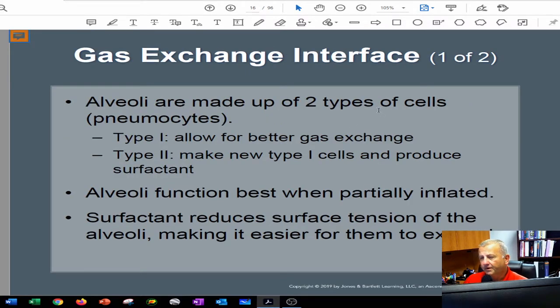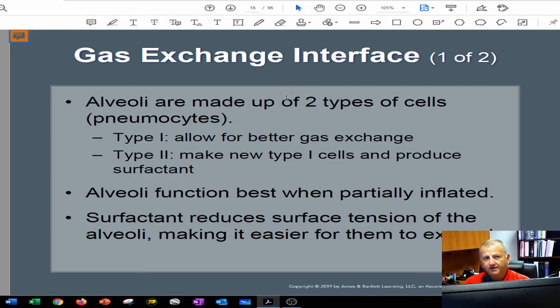All right, so they mentioned the 2 types of cells here for the alveoli. I don't want you to get too hung up on that. Just understand type 1 is going to be your alveoli that are functioning perfectly.